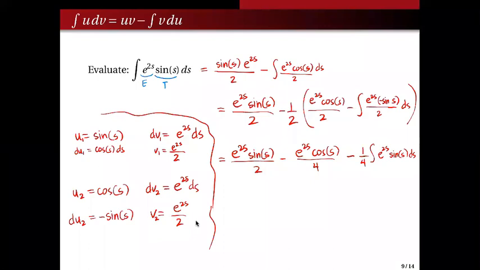Wouldn't you have e to the s cosine s minus the integral of? No, e to the 2s. You have the over 2. Oh, right, I forgot. Okay. Yeah, you still have the over 2 in here. Okay, thank you. You're welcome.